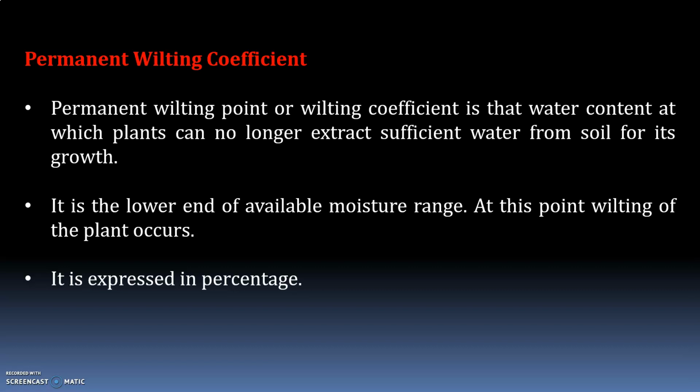So this water is not available for the plant. It is the lower end of the available moisture range. At this point, wilting of the plant occurs. It is usually expressed in percentage. So this is about field capacity and permanent wilting point or wilting coefficient.